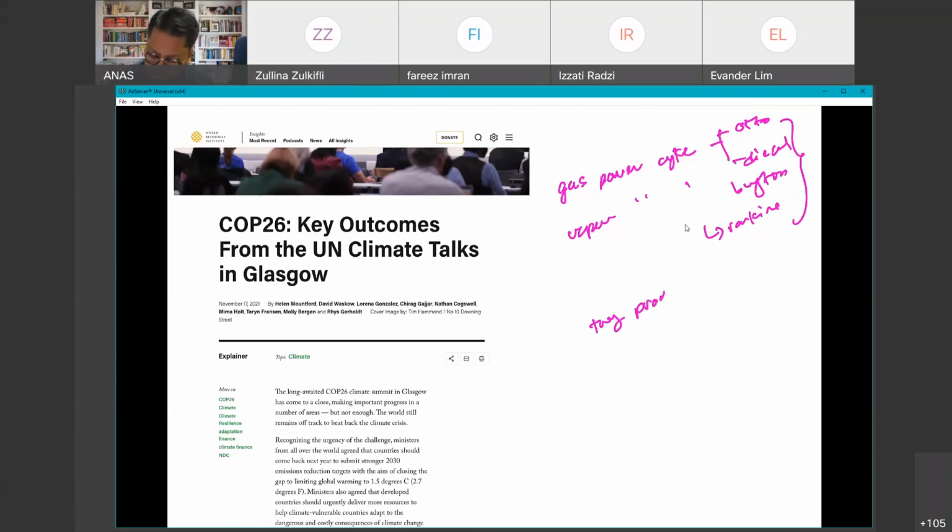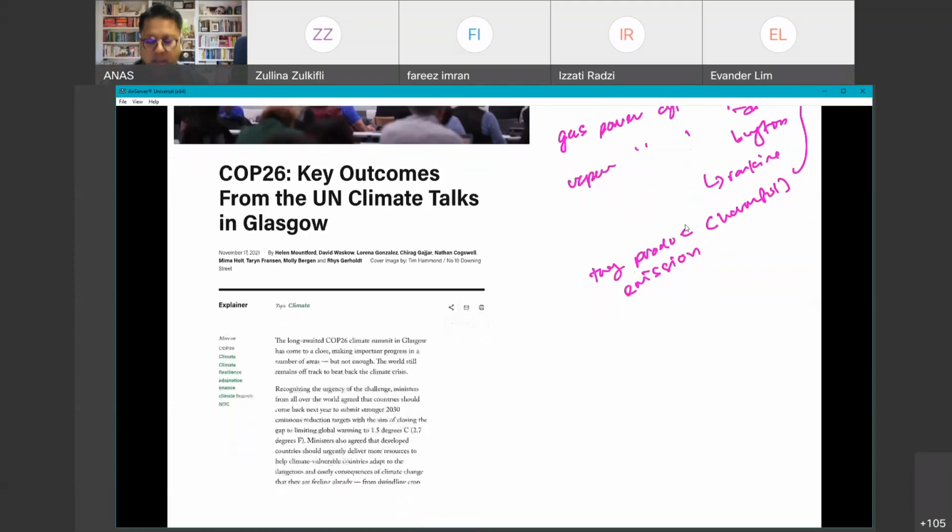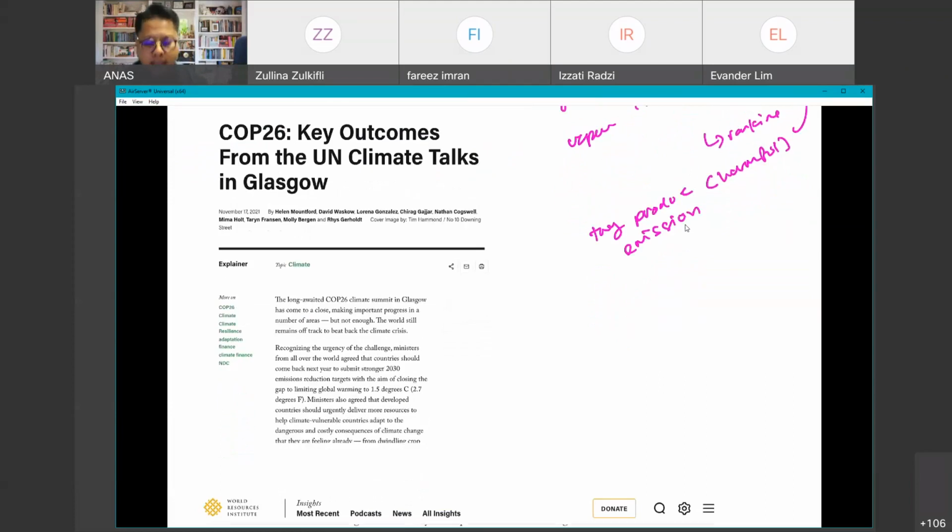They produce emission, or may I add, harmful emission. So this emission or greenhouse gases contribute to climate change. So this conference tries to get everyone together to commit.